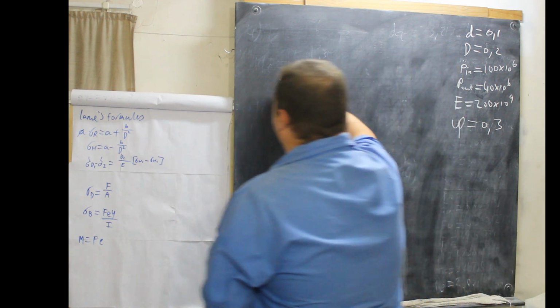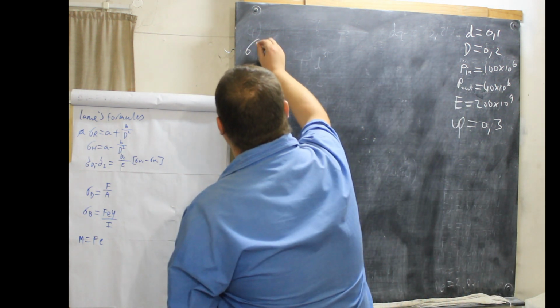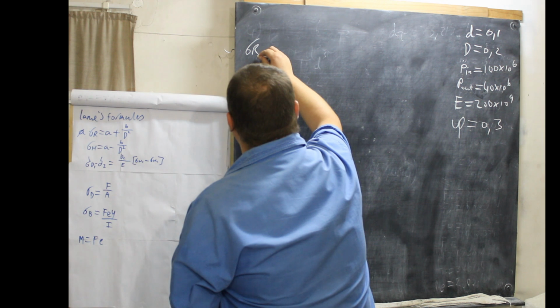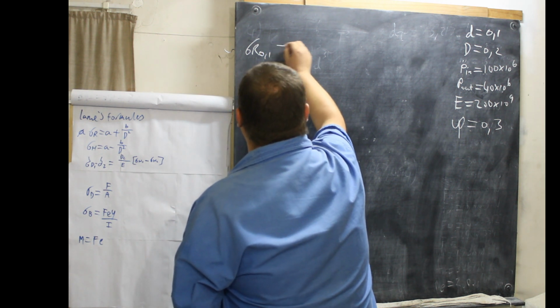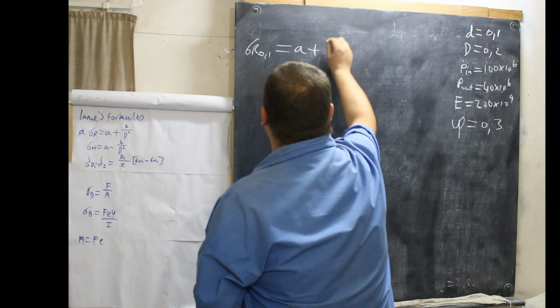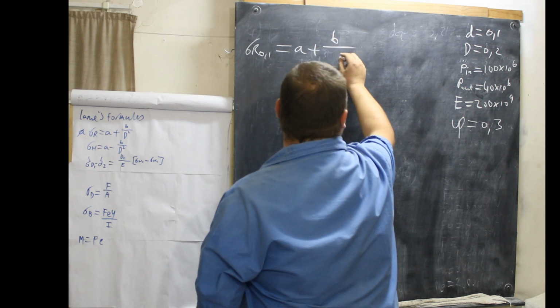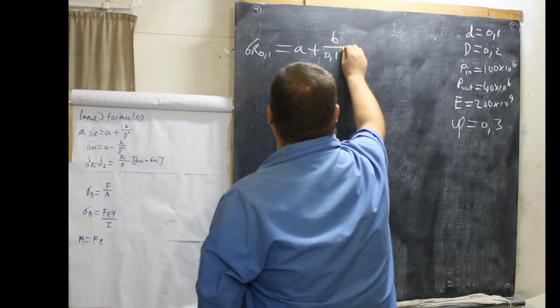So, first things first, the radial stress at 0,1 equals A plus B over 0,1 squared.